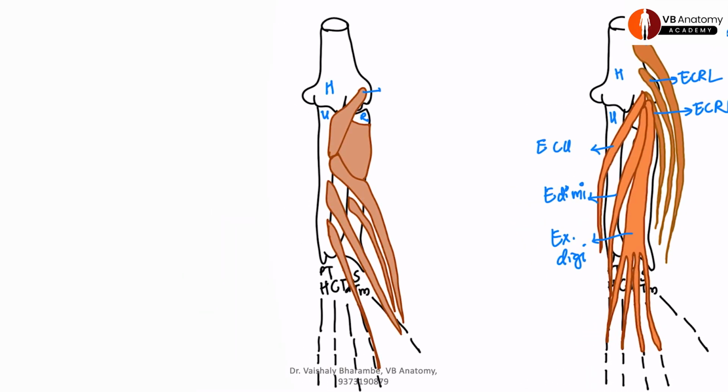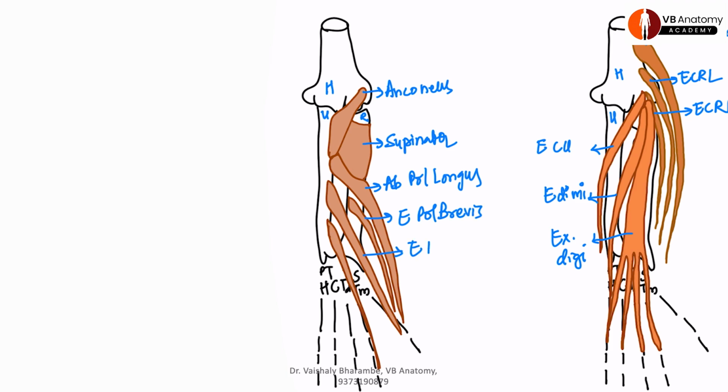Now the deep ones. Of course, we know that anconeus is part of the superficial muscles. Anconeus, supinator, the abductor pollicis longus, extensor pollicis brevis, extensor pollicis longus, extensor indicis.